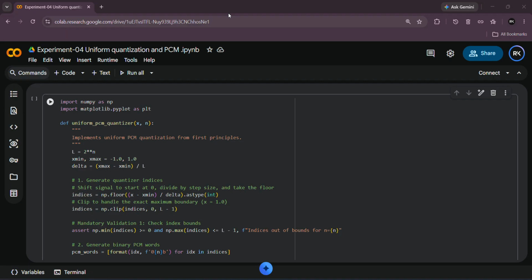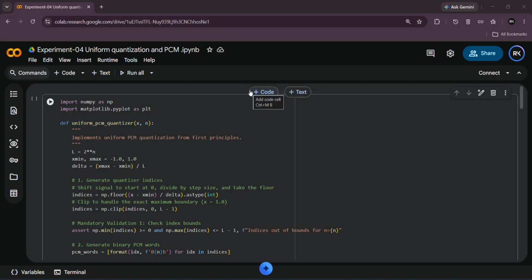That means representing a continuous range of values using a finite set of discrete labels. This simulation builds that process from first principles in Python, tests it across several bit depths, and measures how quantization quality improves as we add more bits. So let's have a look.